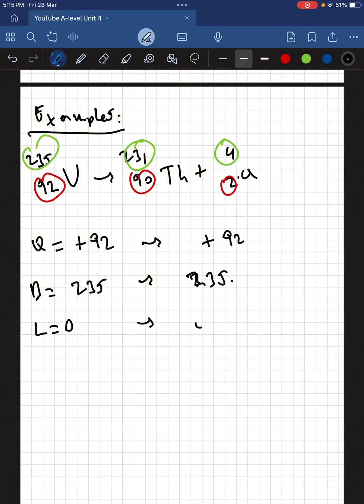The lepton number is 0 before and after because there are no leptons involved, and the strangeness is 0 because this interaction involves protons and neutrons, so there are no strange quarks involved. So this interaction proceeds via alpha decay, which is a strong interaction or an electromagnetic interaction.